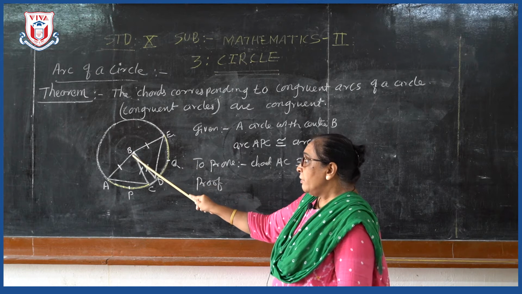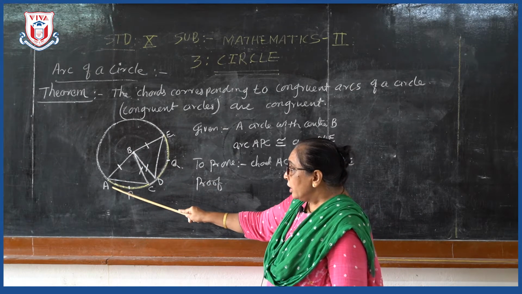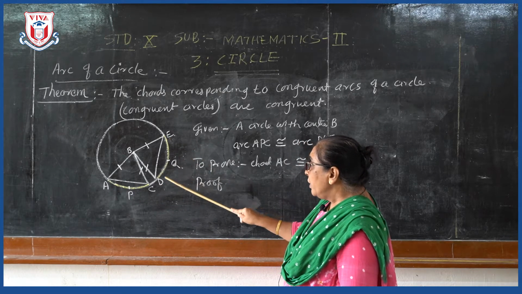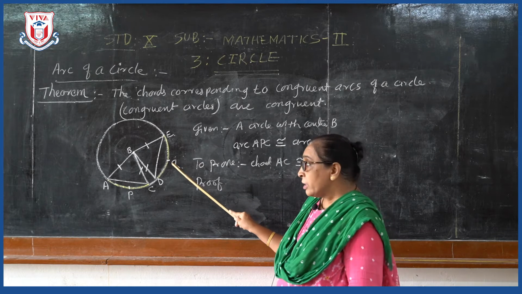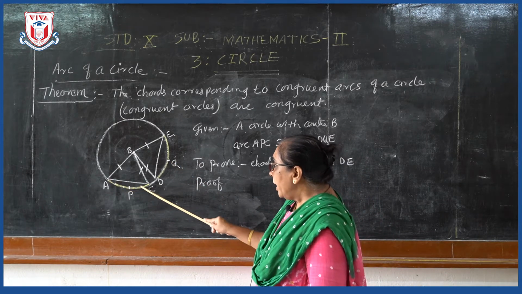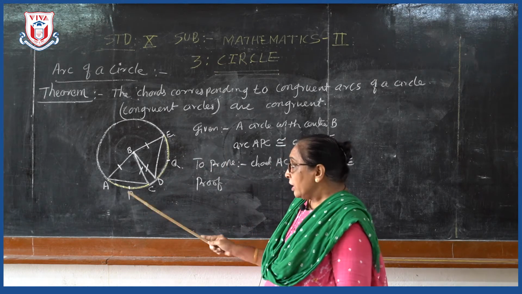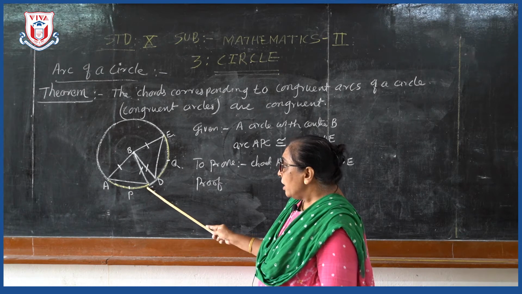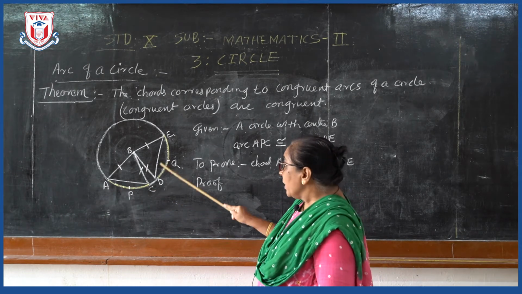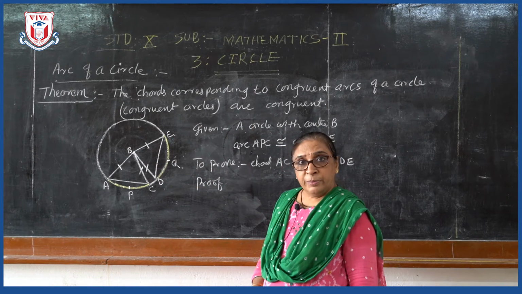This is a circle with center B. Here we consider the two arcs APC and DQE, which are congruent arcs, and we have to prove that chord AC is congruent to chord DE. That means AC is the chord corresponding to arc APC and DE is the chord corresponding to arc DQE.